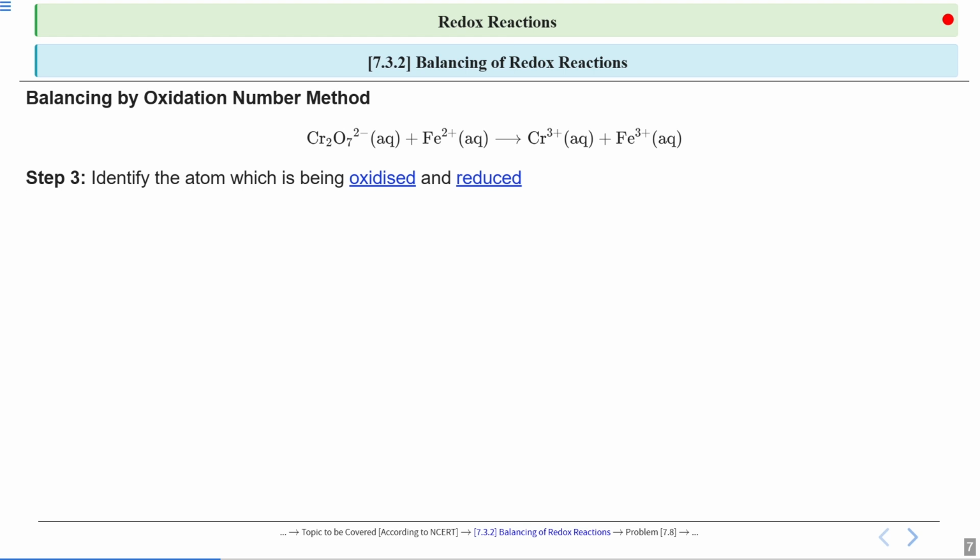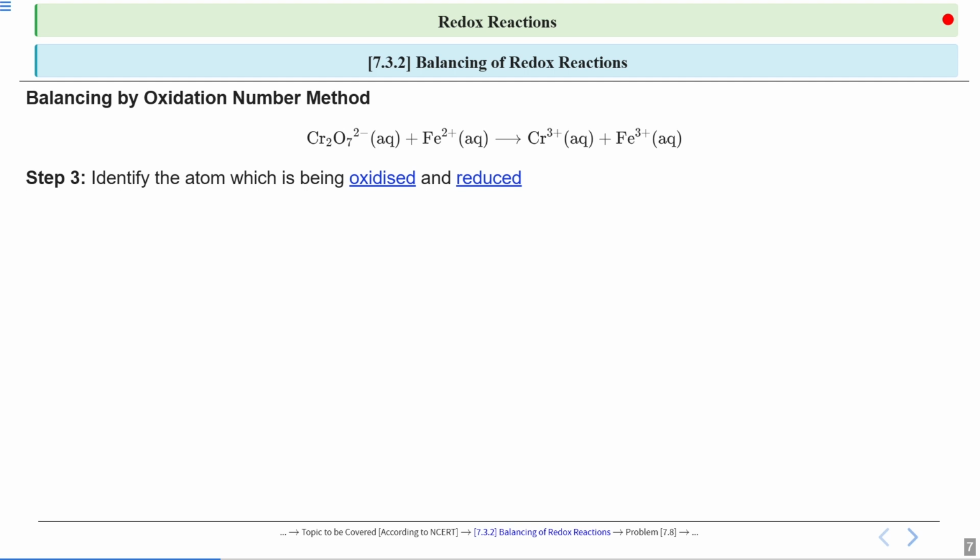As I have already told you, and as we studied in previous classes, the atom being oxidized can be identified when there is an increase in the oxidation number of a species. If we consider another species whose oxidation number decreases, then that species is being reduced.